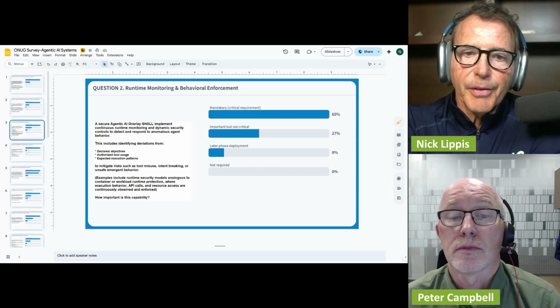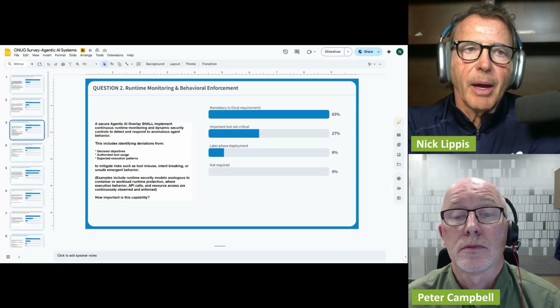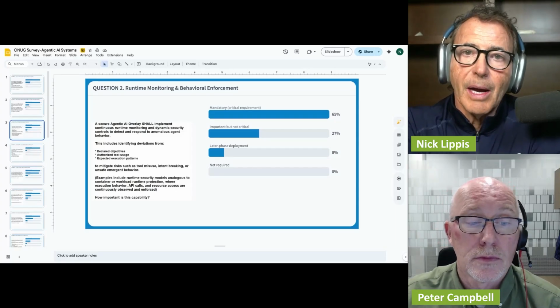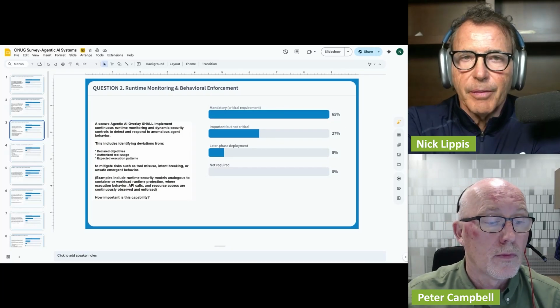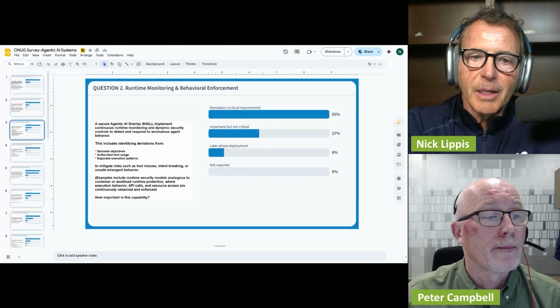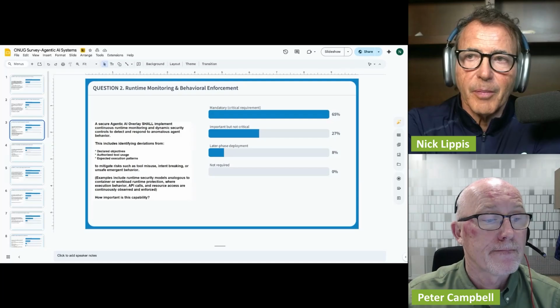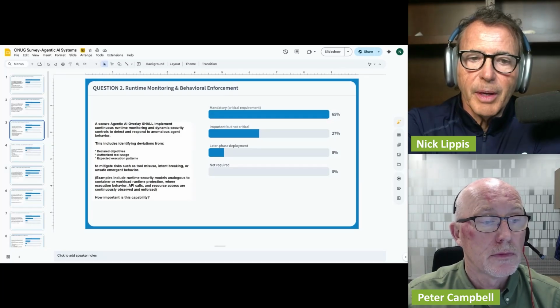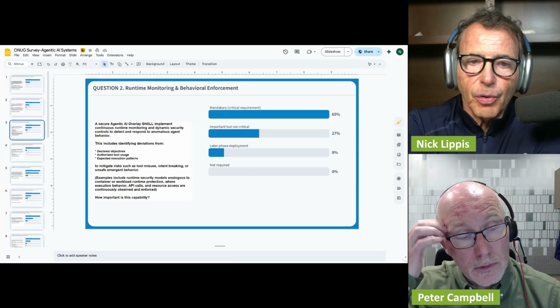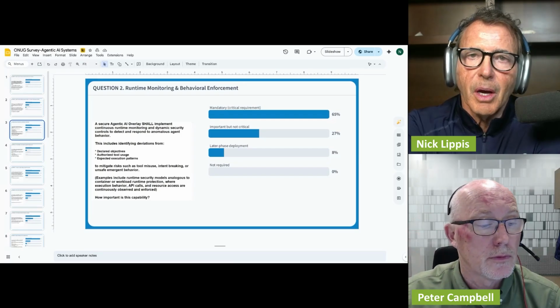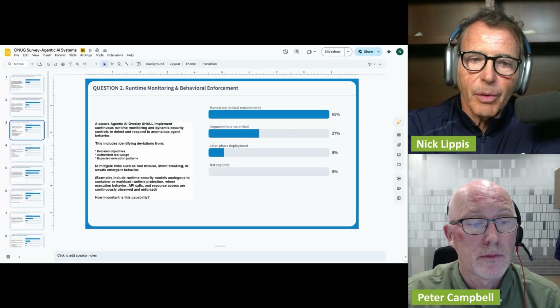Then we wanted to get into the monitoring and behavior. So, how do these agents behave? Let me again give the context. Within the overlay, a secure agentic AI overlay shall implement continuous runtime monitoring and dynamic security controls to detect and respond to anomalous agent behavior.